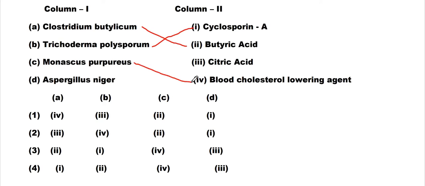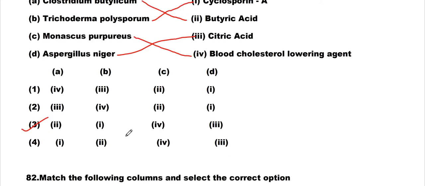It's called statins. Next, Aspergillus niger will produce citric acid. A to 2, B to 1, C to 4 and D to 3. So 3 is the correct answer for this question.